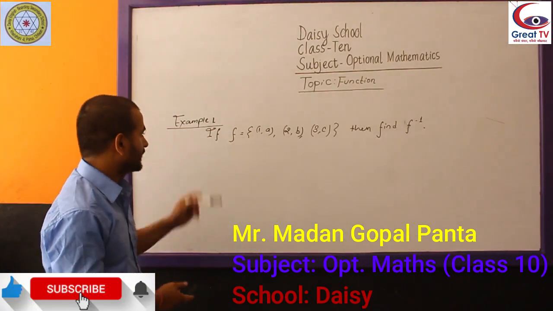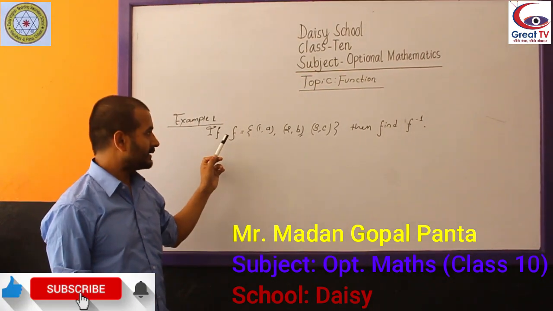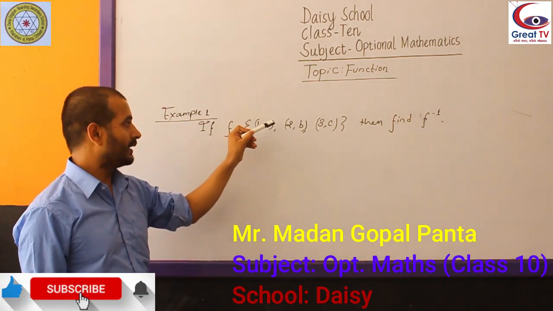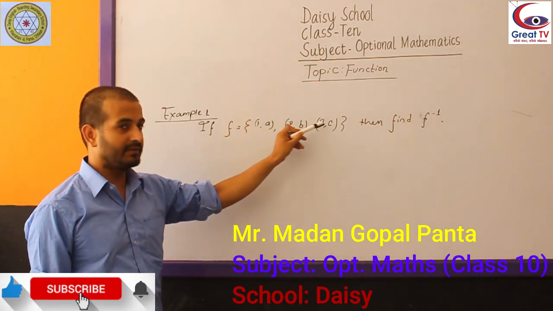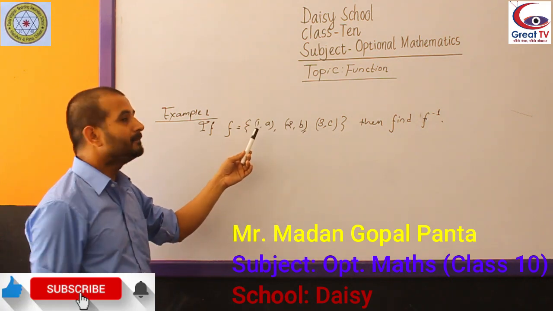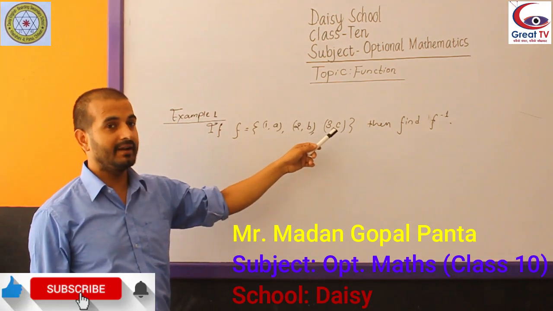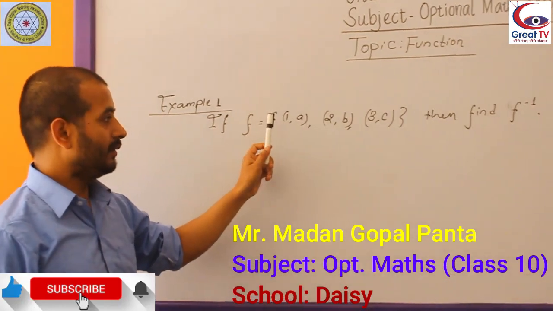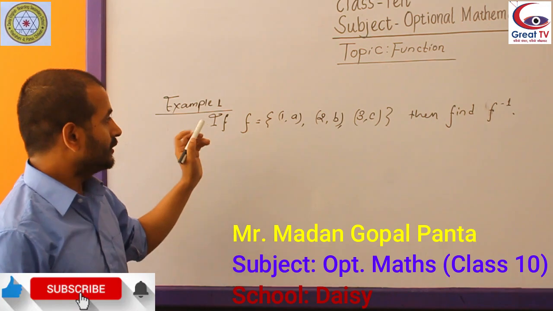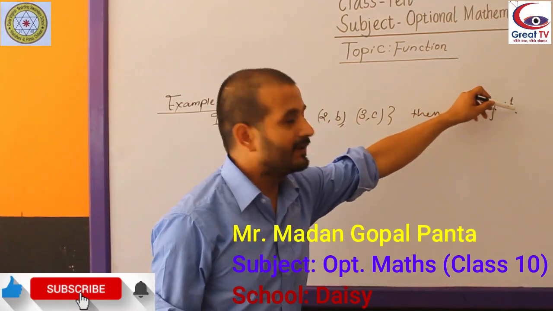So f is the function that defines the relation from 1 to a. The X group is 1, 2, 3, the domain. The second, Y group, is the codomain a, b, c, or you can say the range also. Now we are writing f inverse.